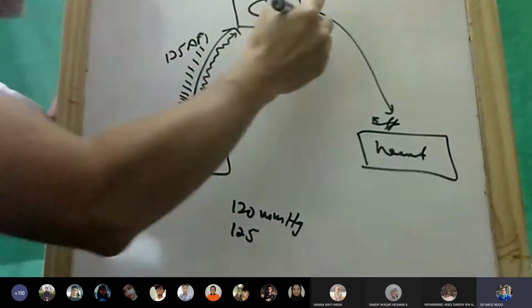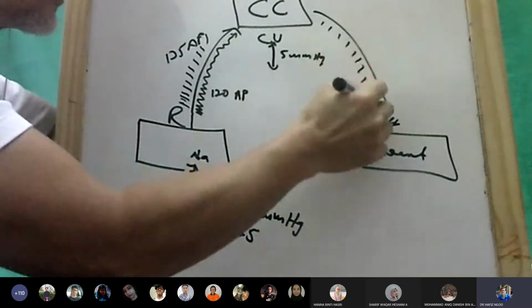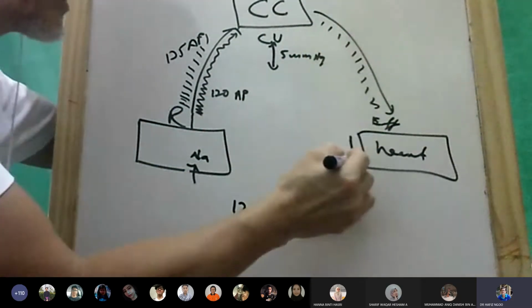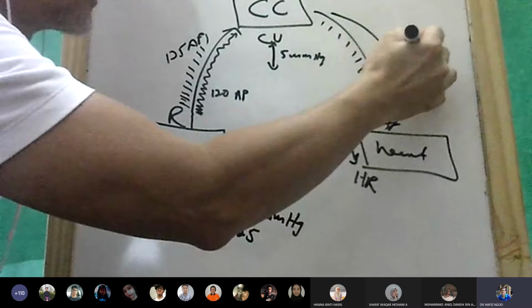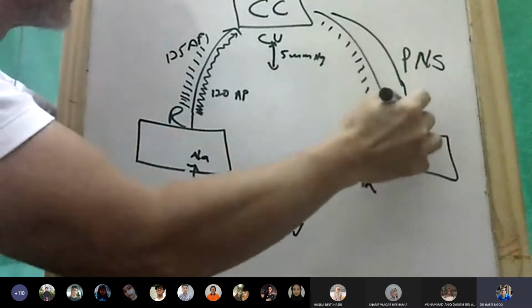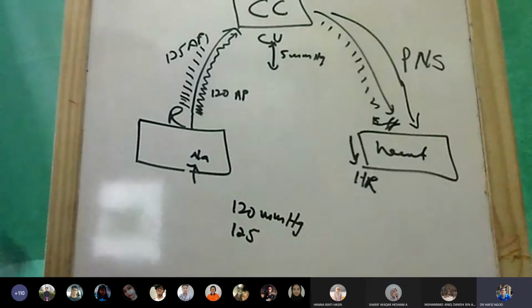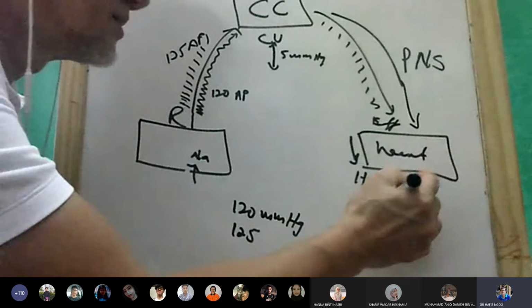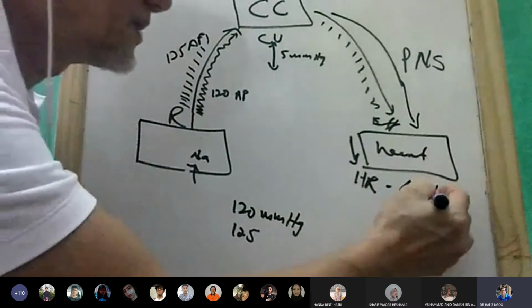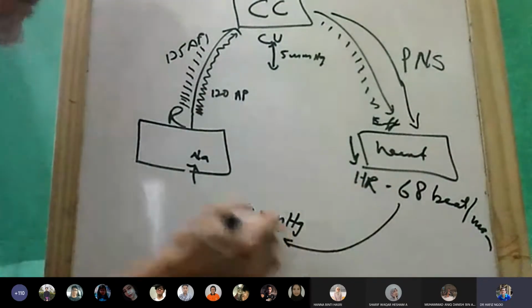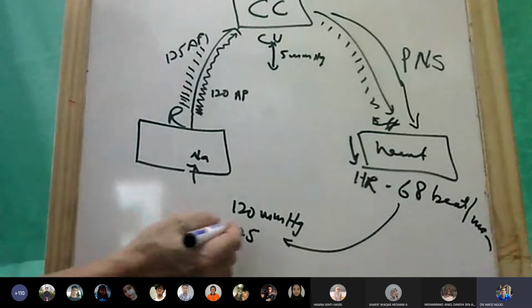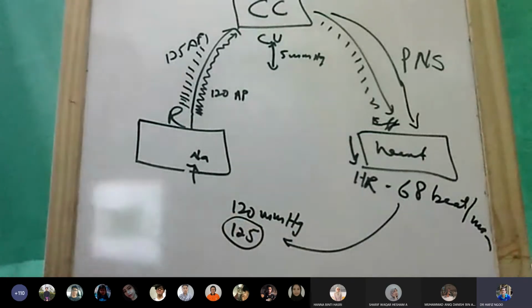So it will send information to reduce the heart rate by going through the parasympathetic system, to reduce the heart rate from, let's say, normally contracting at 70 to probably about 68 beats per minute. This is then able to bring the blood pressure back to 120 again. Is that all right?